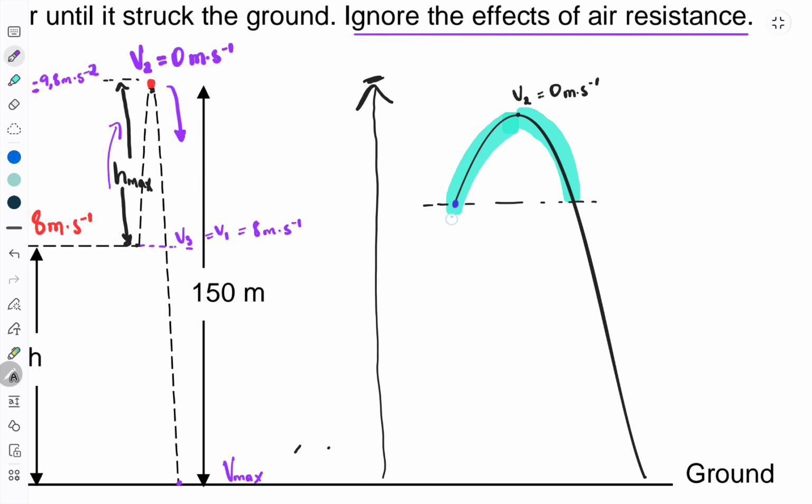Let's call this point A, point B, point C, and lastly the ground will be our point D. So what we're saying is the time taken to go from A to B will be the same as the time taken to go from B to C. You must remember this. Right, so if you calculate how long it takes from A to B, you will simply multiply by 2 to get the time taken from A to C. So that's 2 TAB or 2 TBC.